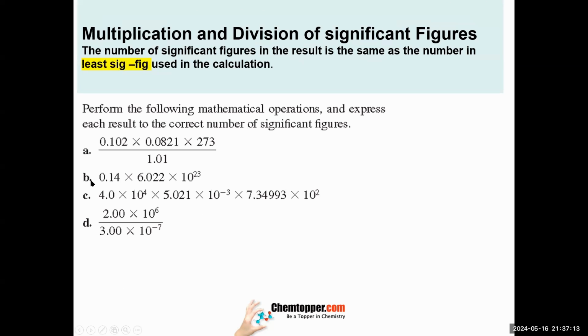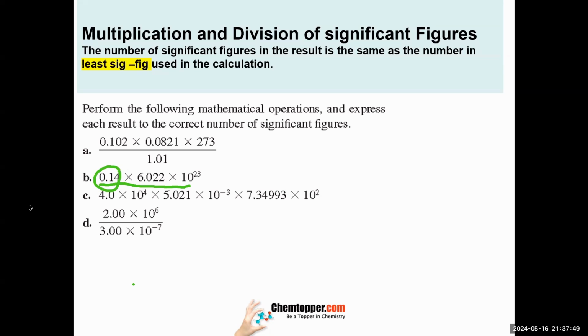Now we have to understand two more rules for significant figures. One is when you are doing multiplication and division, how to express our final answer. The final answer will always be with the minimum significant figures. Why? Because fewer significant figures means more error. For example, in this particular example, how many significant figures are in this number?